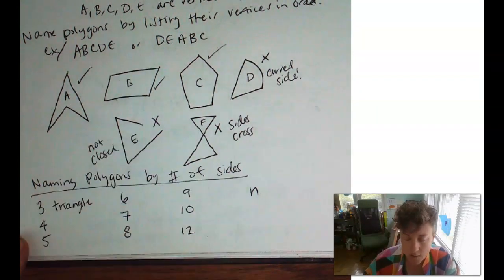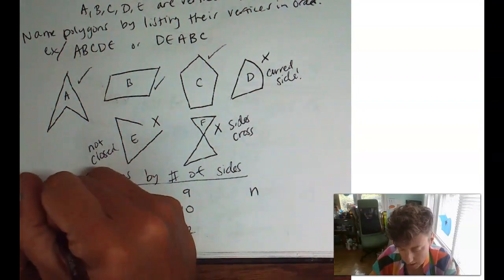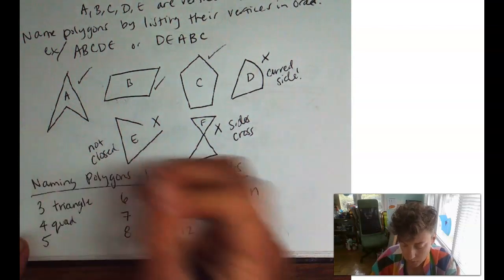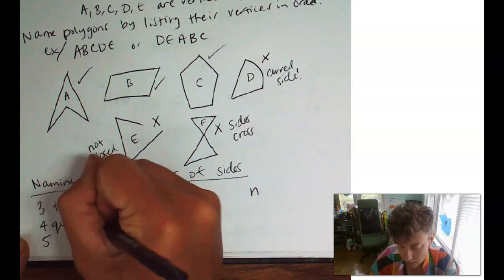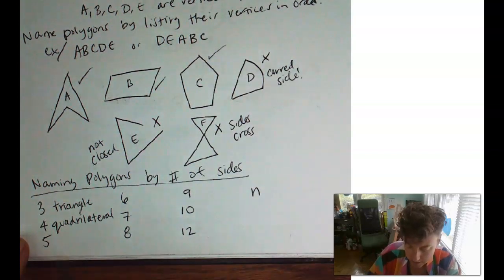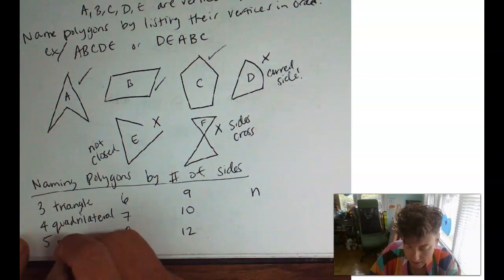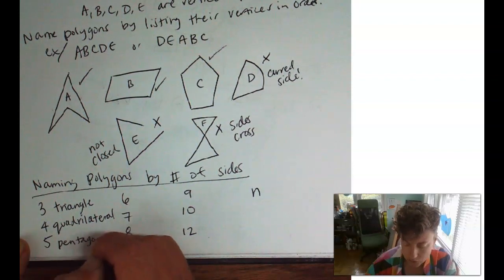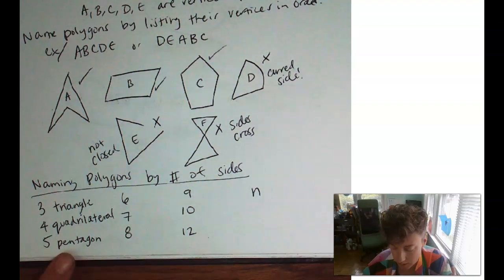A polygon that has 4 sides is a quadrilateral. Quad, meaning 4, lateral, sides. A 5-sided figure is a pentagon. This is a government security building as well.